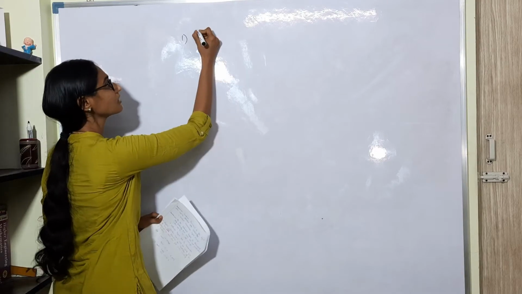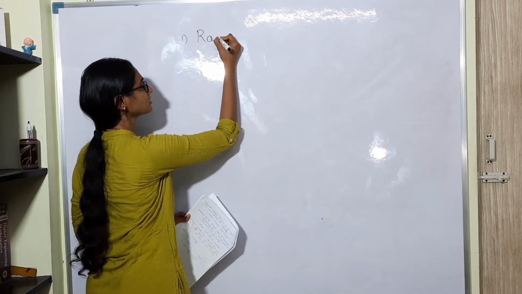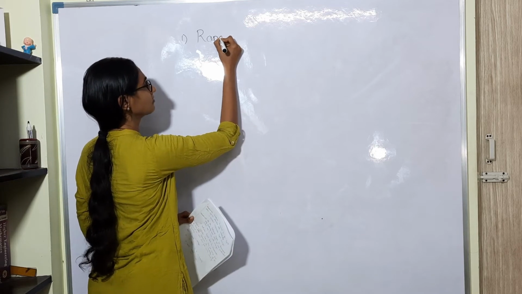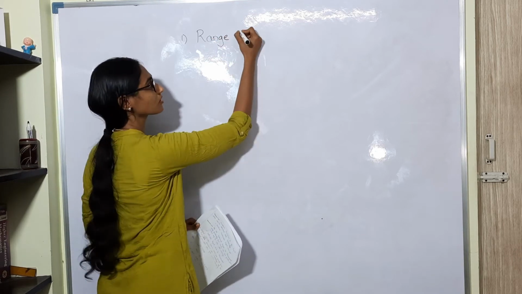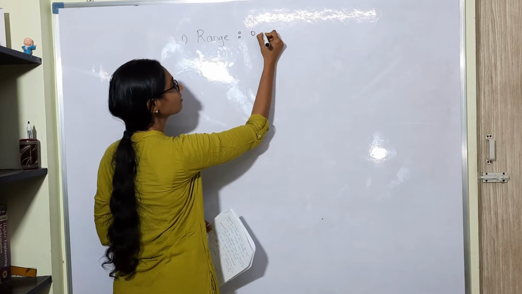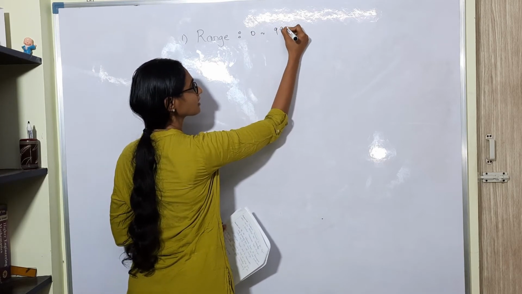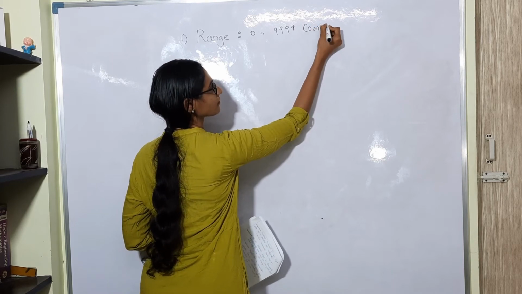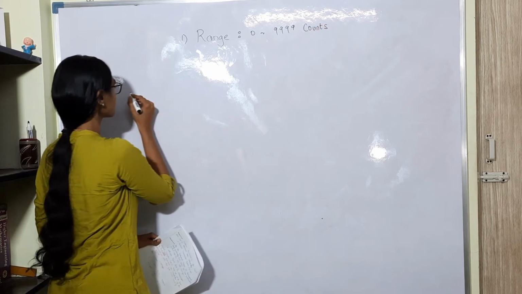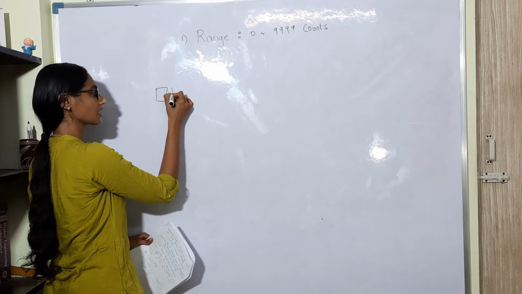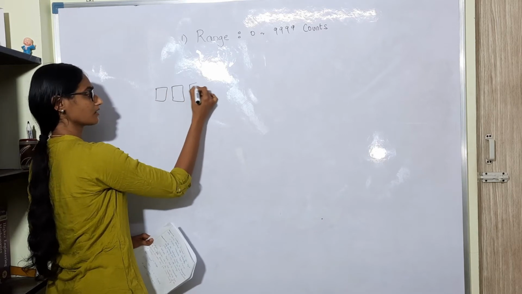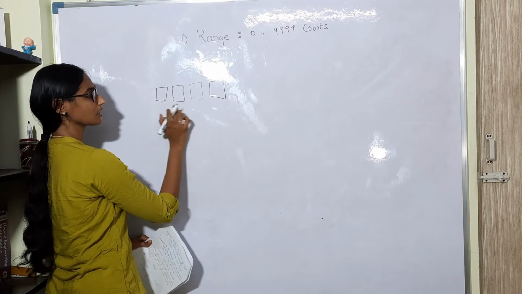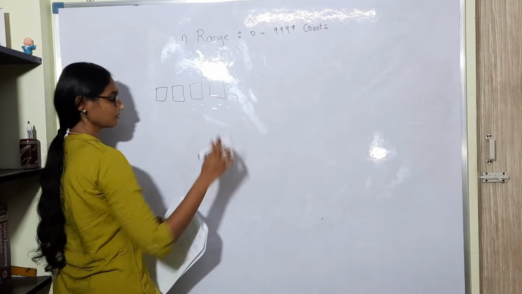In this problem, we have the range of the digital voltmeter, which is from 0 till 9999 counts. Meaning that this display will have 4 LEDs like this, which will show the reading from 0 till 9999. That is what is the meaning.